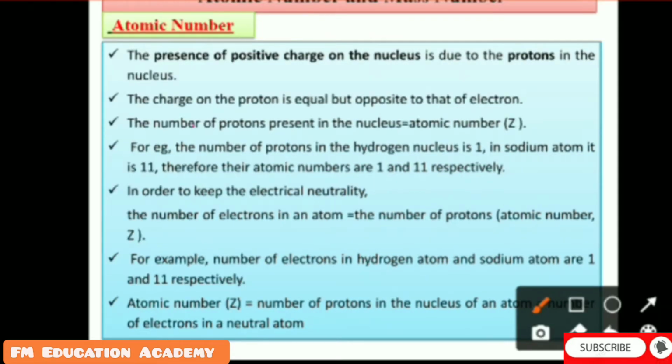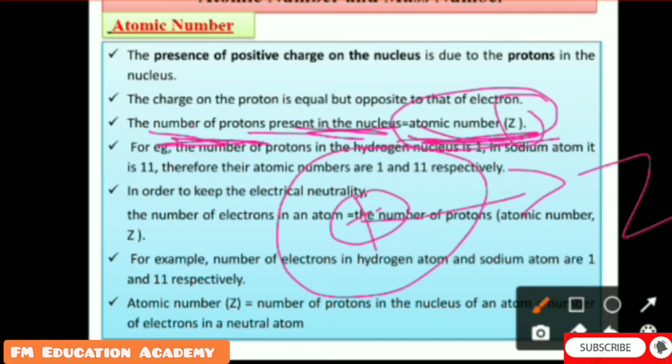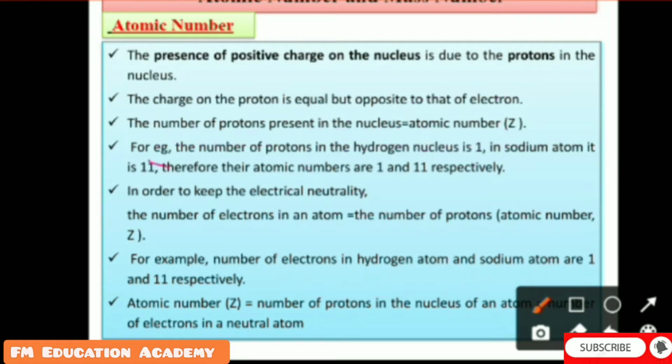An important statement: the number of protons present in the nucleus is equal to the atomic number Z. So what is atomic number Z? How many protons are present in the nucleus? That is equal to the atomic number, and it is indicated by the letter Z. So now you know the definition of atomic number. The number of protons present in the nucleus is nothing but our atomic number. For example, the number of protons in the hydrogen nucleus is 1.